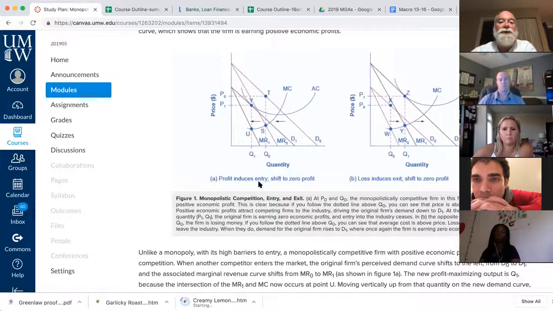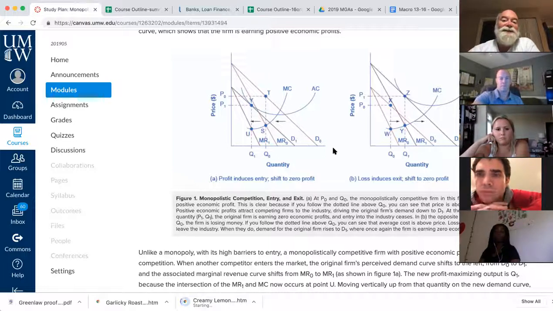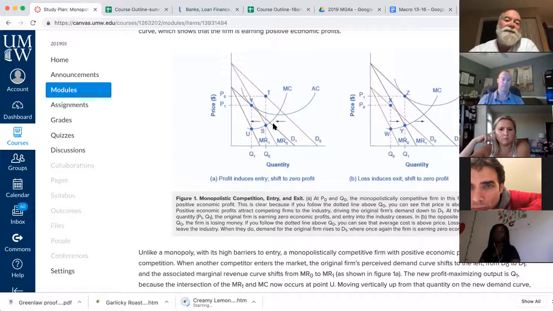Now, when they do that, what happens to this firm's demand? Just to the left. It's going to shrink, right? If there are new competitors, they're going to attempt to take away your business, right? So with the new demand curve, what you'll notice is it's drawn in the new long-run equilibrium at point Y. Okay, once again, MC and MR intersect at this quantity, which is now Q1.